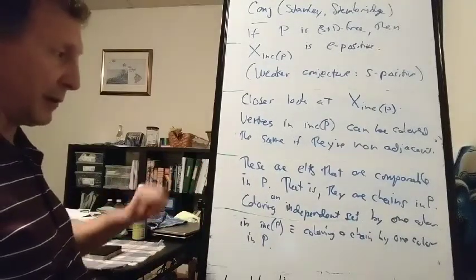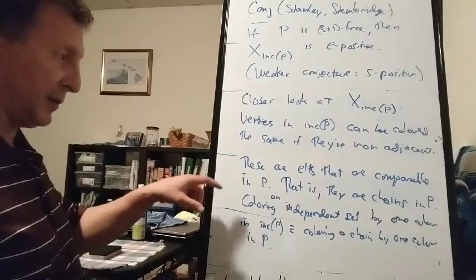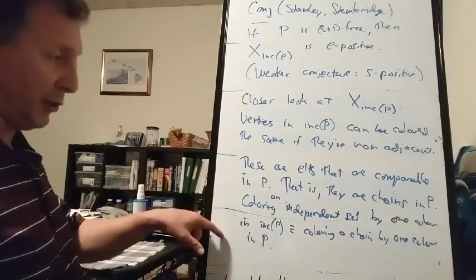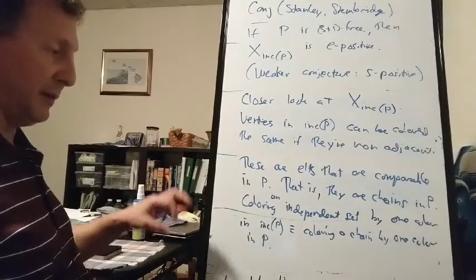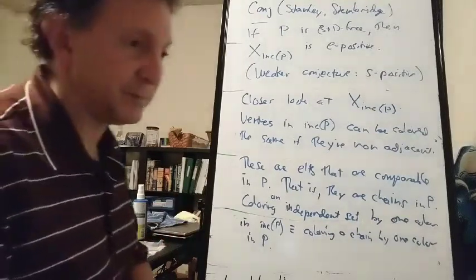So we're coloring the graph so that every single color corresponds to an independent set, and coloring a poset so that every single color corresponds to a chain.